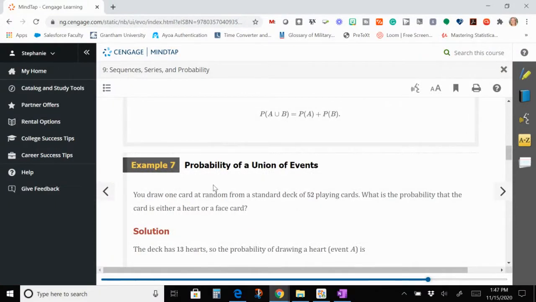One card at random means that we do not need to use the combination formula, because we're just choosing one card. So we don't have to worry about multiplying different types of cards. It's just one pick. If we're picking 2 cards at random, then it would get a little more complicated. But with 1 card at random, we're looking for a heart or a face card.